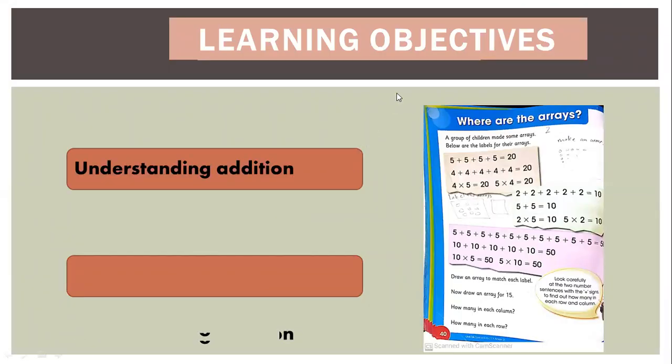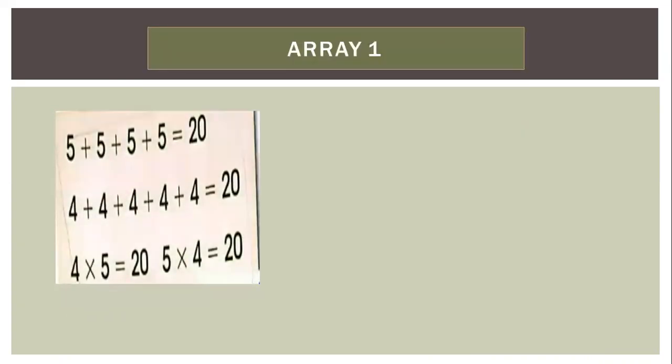In this lesson, we are going to understand addition and multiplication. We will draw some of the arrays. As you can see in your book, we have the equation. What we have to do is draw an array.